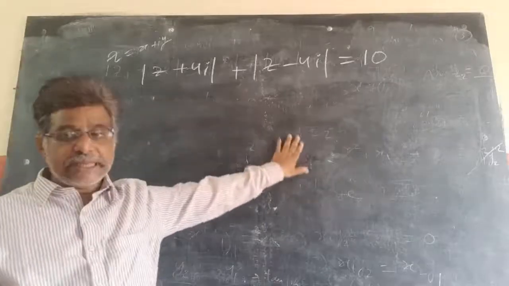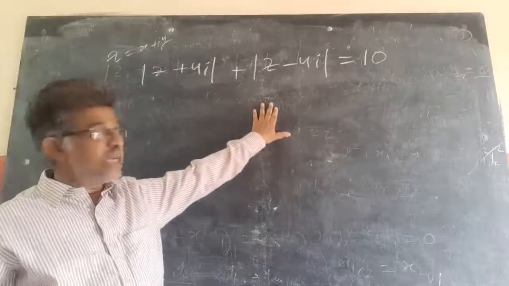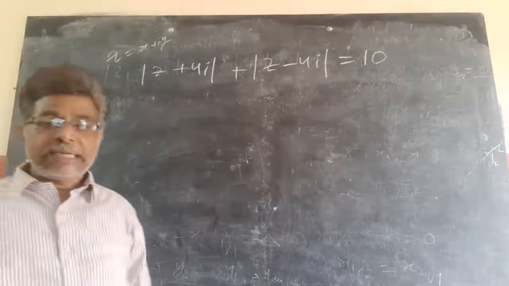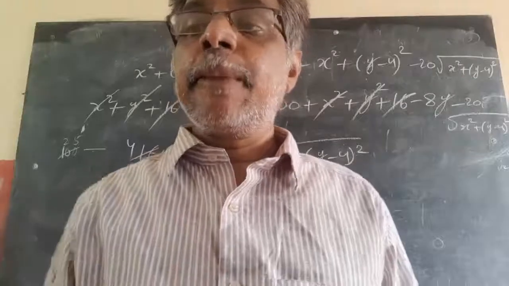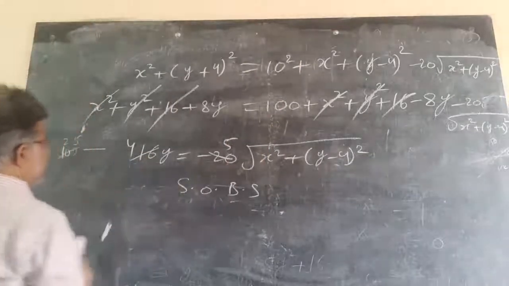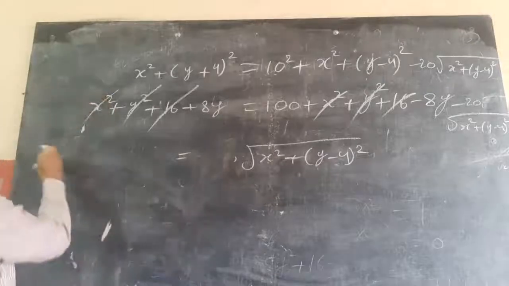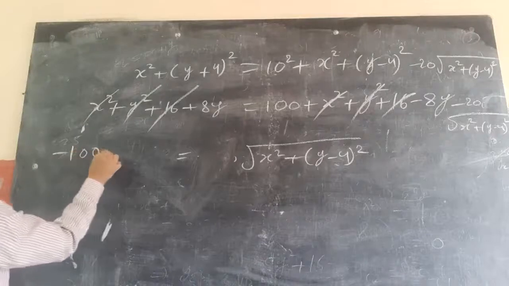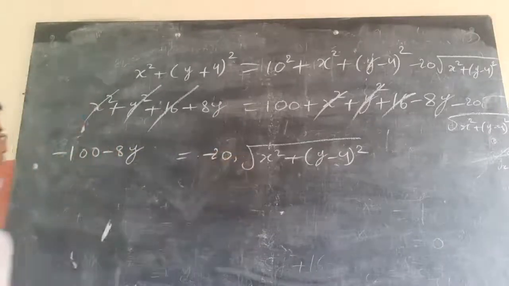Now coming to this, how to find the locus of this. General method we know. Let Z equal to x plus iy, if they don't give it; here it is given. Now this is plus 100 to inside, minus 100. So minus 100 minus 8y equal to minus 20 into this.